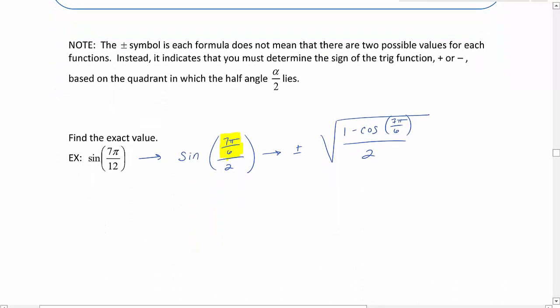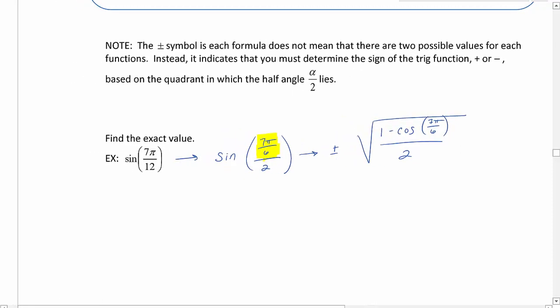Think about what quadrant 7 pi over 12 would be in. 6 pi over 12 is pi over 2, so 7 pi over 12 pushes us just into the second quadrant. And sine is positive in the second quadrant, so we'll lose the negative and just keep the positive.